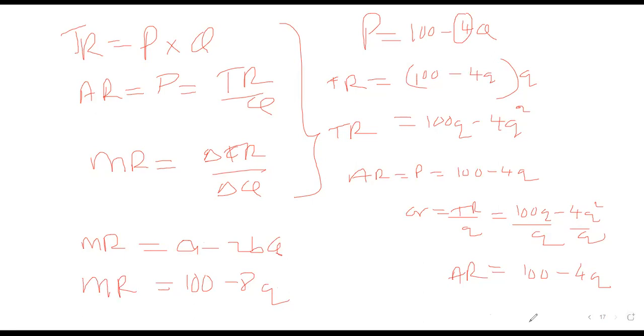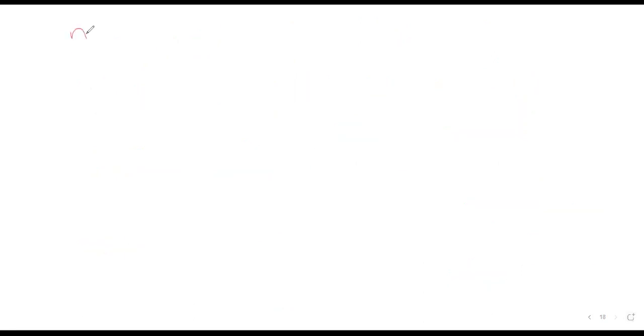If they ask you to maximize your revenue, you equate your marginal revenue to 0. So 100 minus 8Q equals 0, put 8Q here, put 100 there. We divide both sides by 8. What do we get? 100 divided by 8 will give you 12.5.